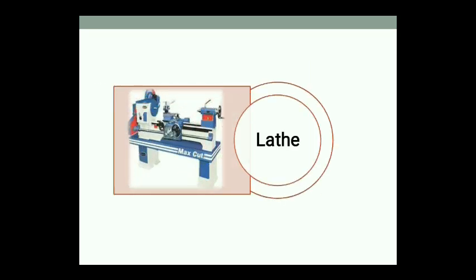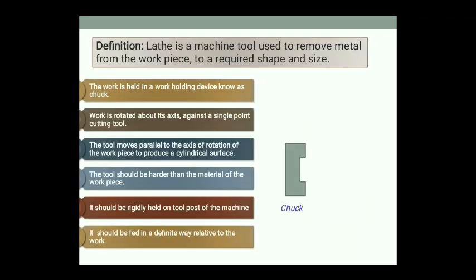Let's see what the different parts of the lathe are. The lathe is a machine used to remove metal from the workpiece to the required shape and size. The principle of the lathe is that the workpiece is rotating, whereas the cutting tool moves along the axis of rotation of the workpiece.